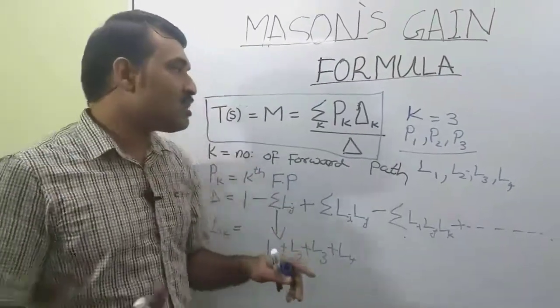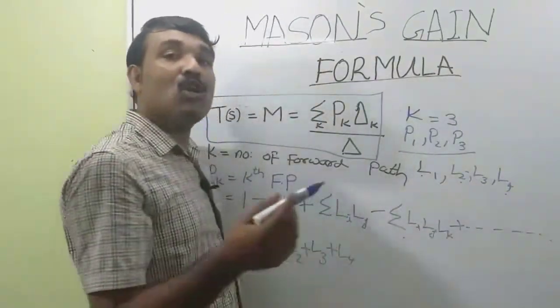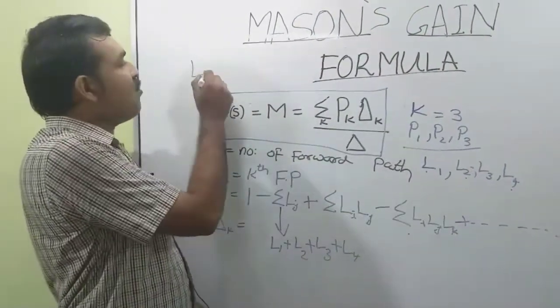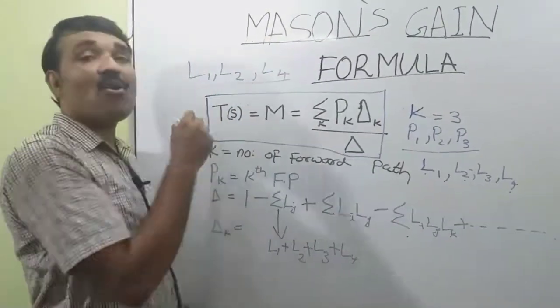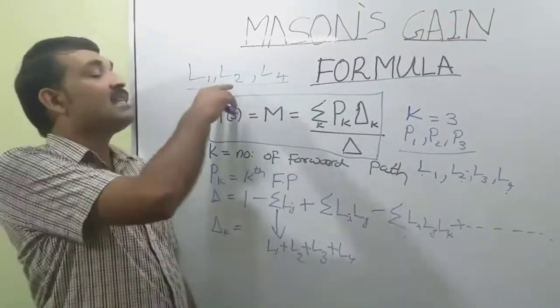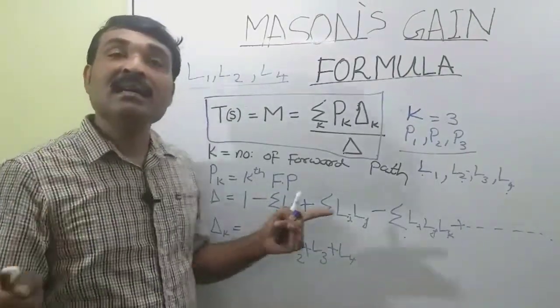loops. Suppose loops L1, L2 and L4 are non-touching loops. That means for these loops there is no common node or common branch.